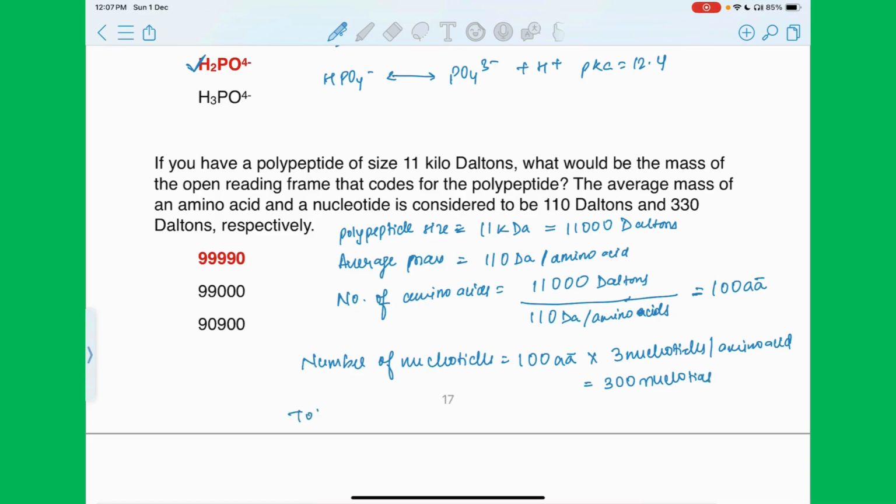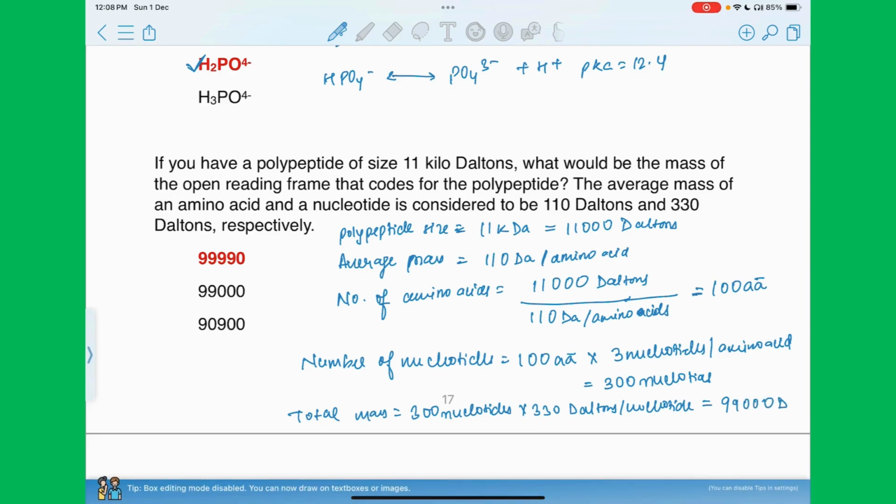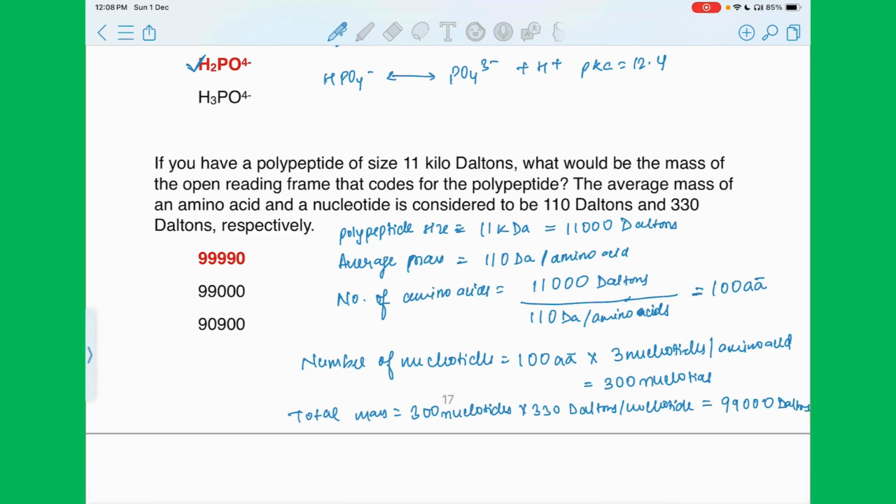Now the total mass will be 300 nucleotides multiplied by 330 daltons, the weight of one nucleotide, which will be equal to 99,000 daltons.